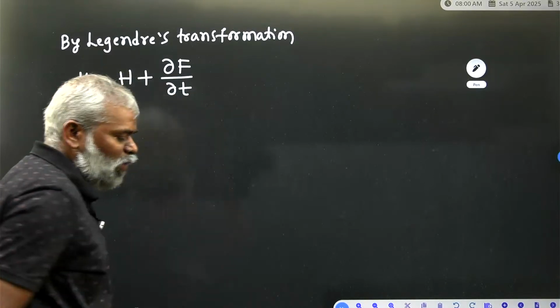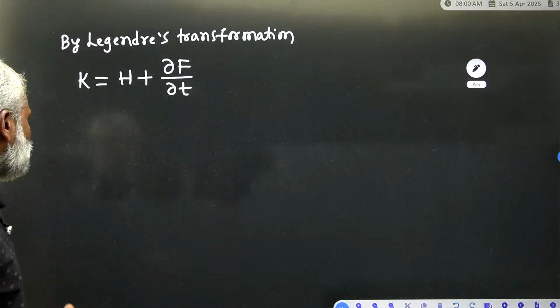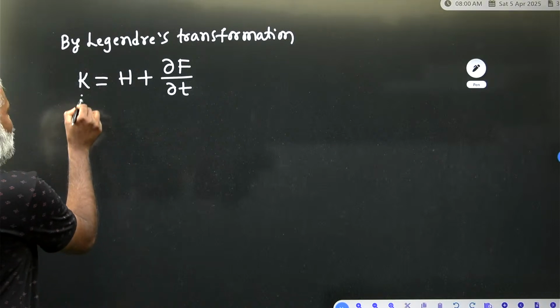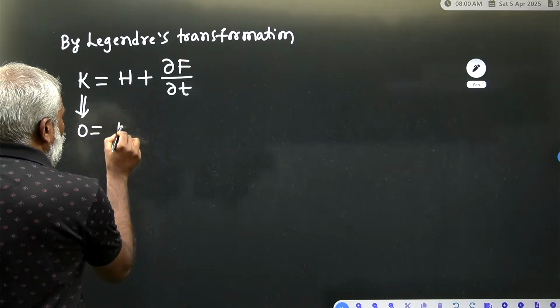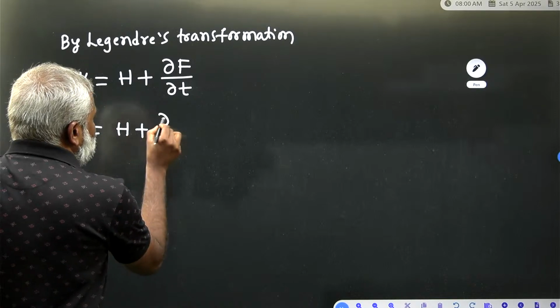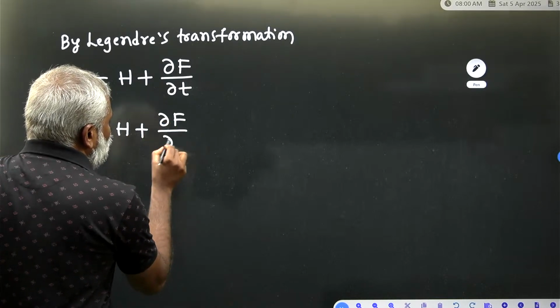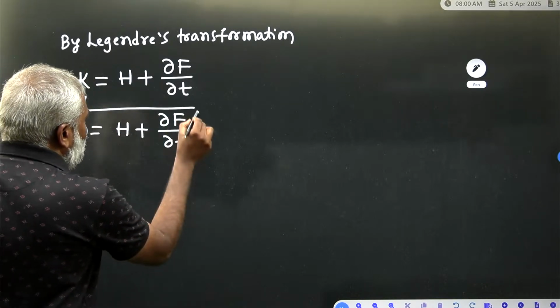But the transformed Hamiltonian we consider as 0, so 0 is equal to H plus ∂F/∂t.